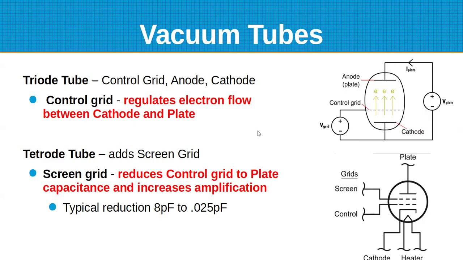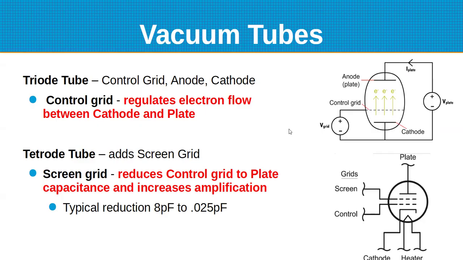Now, one of the things that's also different about vacuum tubes, they operate at much, much higher voltages than semiconductor devices. So a typical triode in a radio, this plate voltage may be 200-300 volts. In a power amplifier, 3, 4, 5,000 volts. So everything is much higher voltage.